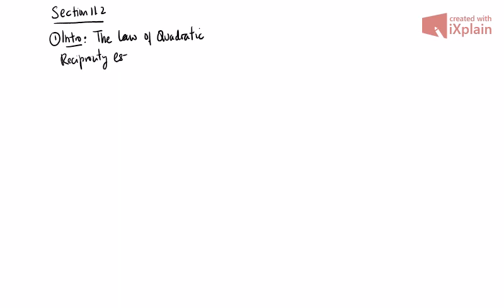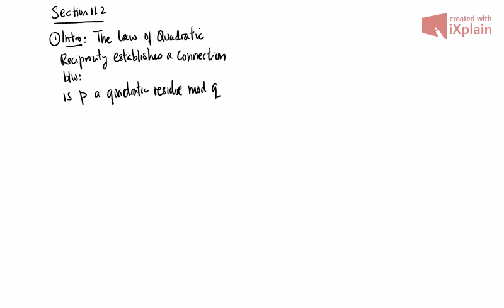This establishes a connection between these two questions: is p a quadratic residue mod q, and is q a quadratic residue mod p? And this is where p and q are odd primes.